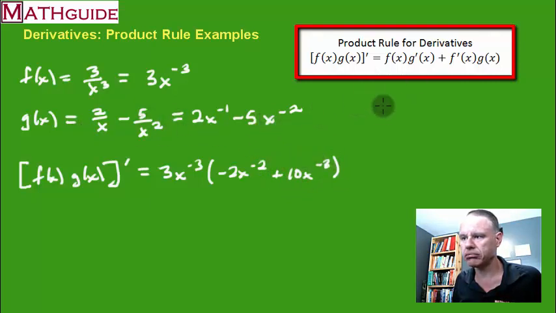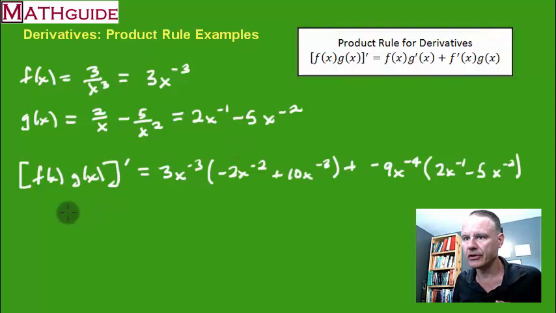Okay, and what else does it say to do? It says I'm now supposed to put f prime, which would be negative 9x to the negative fourth, and then times g, minus 5x to the negative second.